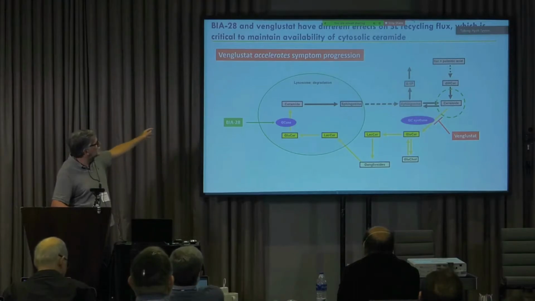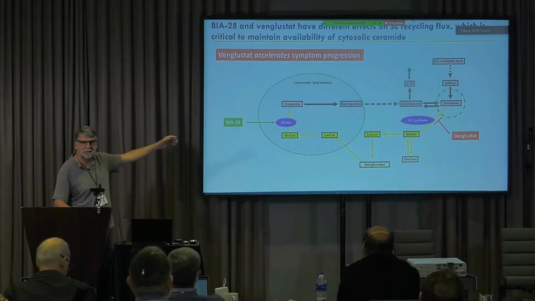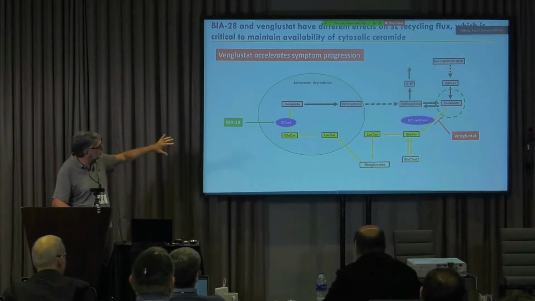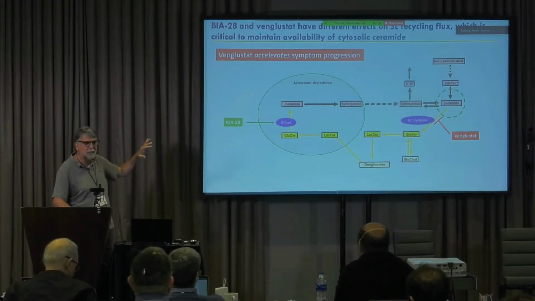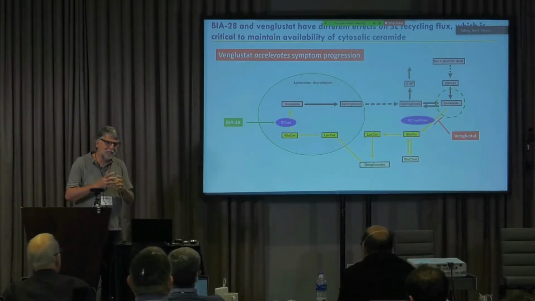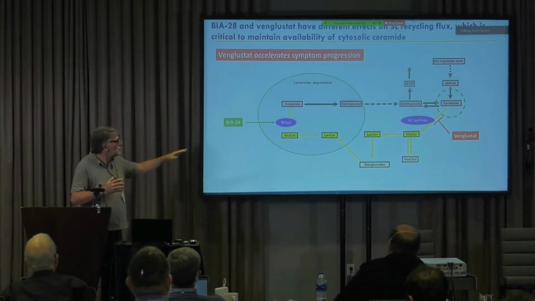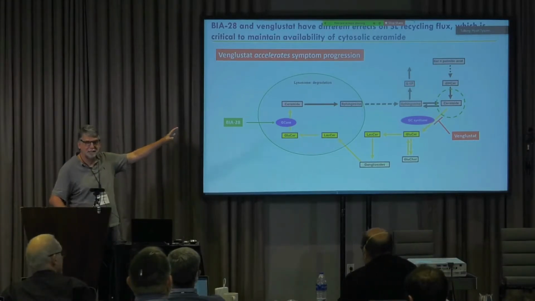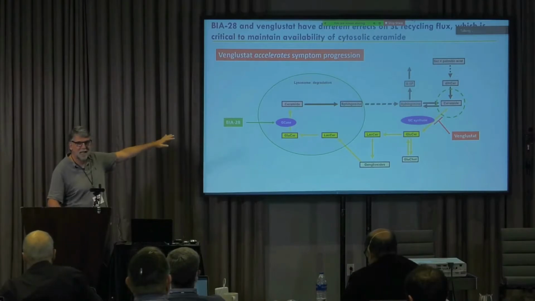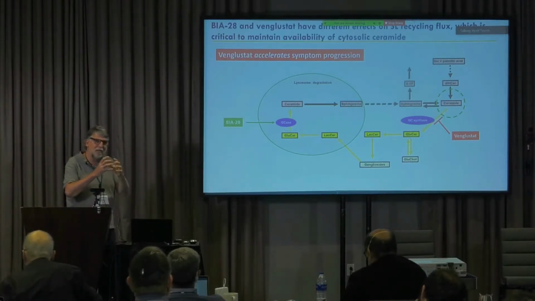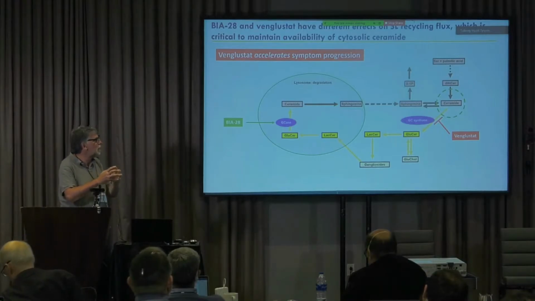So we started thinking about what's important about this cycle, this recycling pathway. And it turns out that it looks like this recycling pathway's role is just to keep a ready supply of ceramide. Over time, you want to have enough ceramide because there are actually other branches of this pathway through sphingomyelin. There's gangliosides, there's GalCer. There's all sorts of important things that start with ceramide. You need to have a lot of it there all the time.